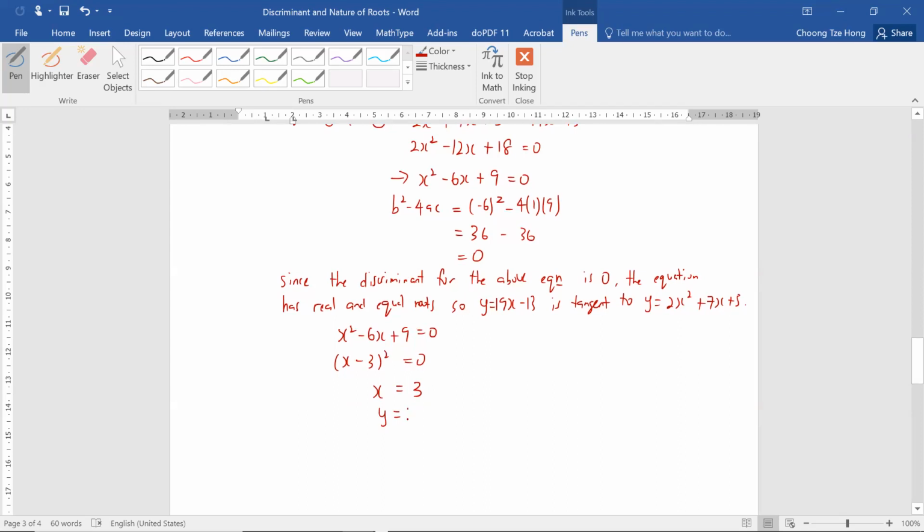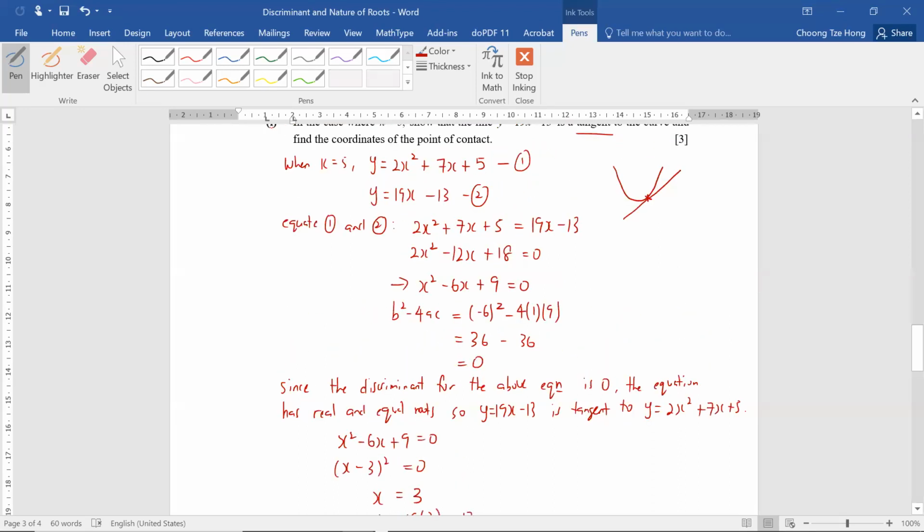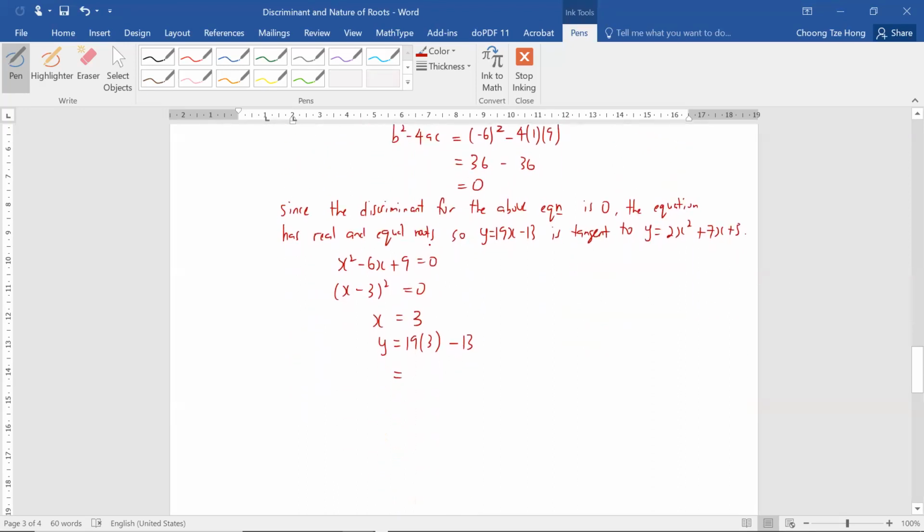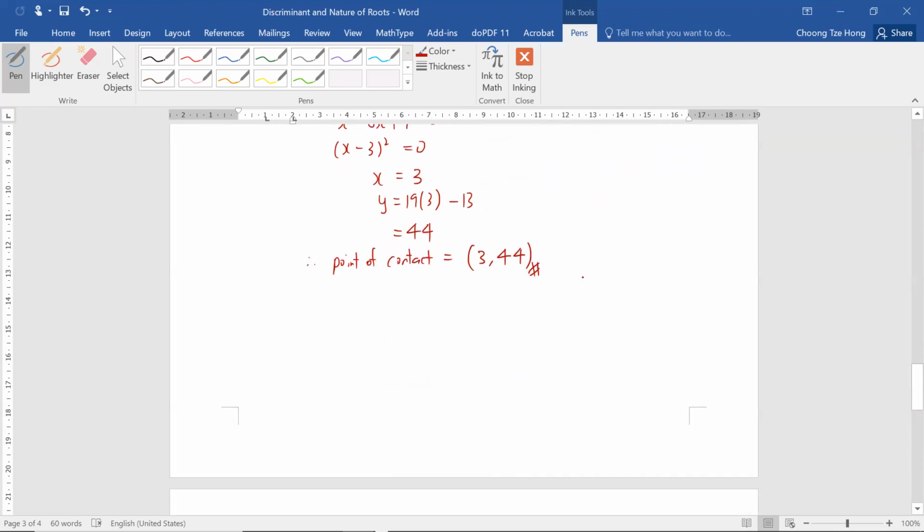So 19 times 3 minus 13, you will get 44. So therefore the point of contact equals (3, 44).